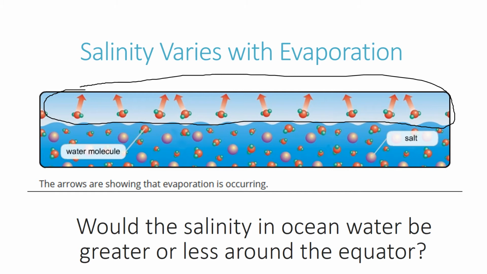The salt molecules are represented as the purple circles, and the red ones with the little green are H2O, or water molecules. As you can see, the water is evaporating, and the salt stays down in the water.